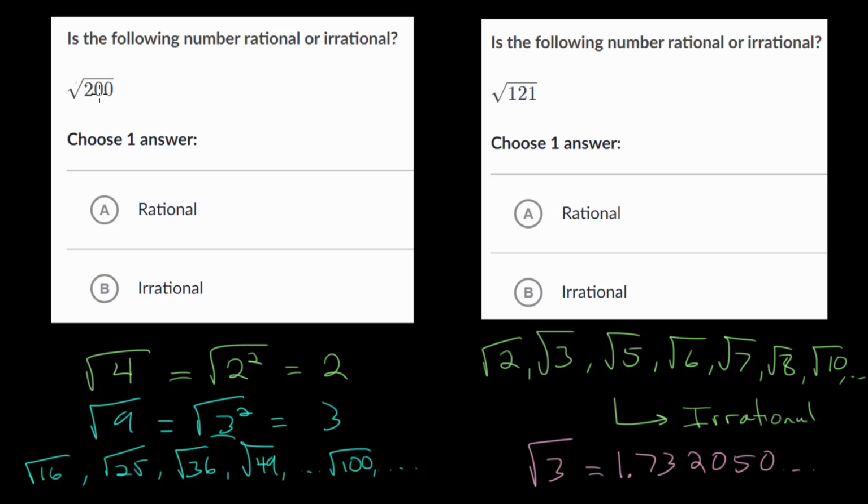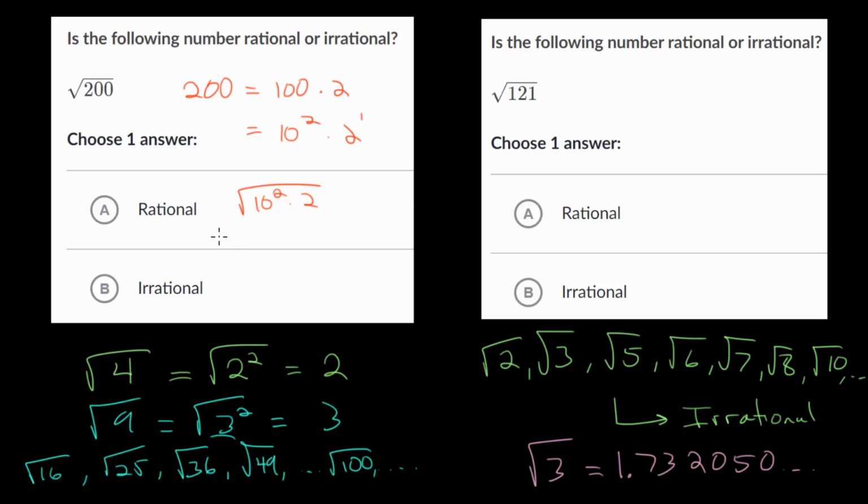Now, 200 is a little bit difficult because it's a bigger number. But remember that 200 is really just 100 multiplied by 2. And 100 is really 10 squared. But we have this 2 to the first power out front, and that's going to create the difficulty. Because if we were to try to simplify this square root, we have 10 squared on the inside times 2.